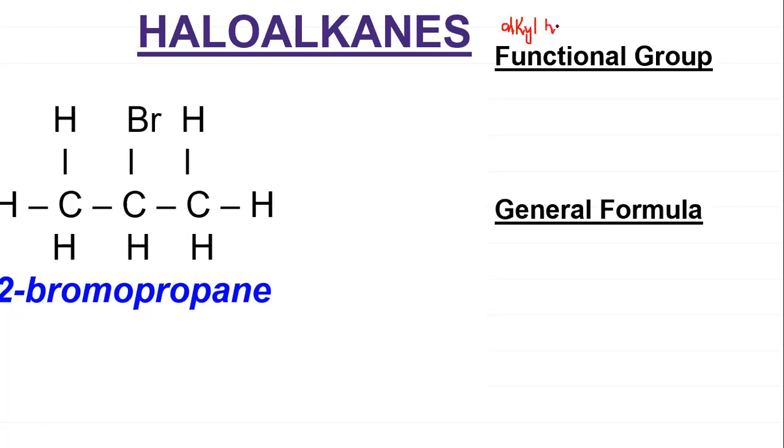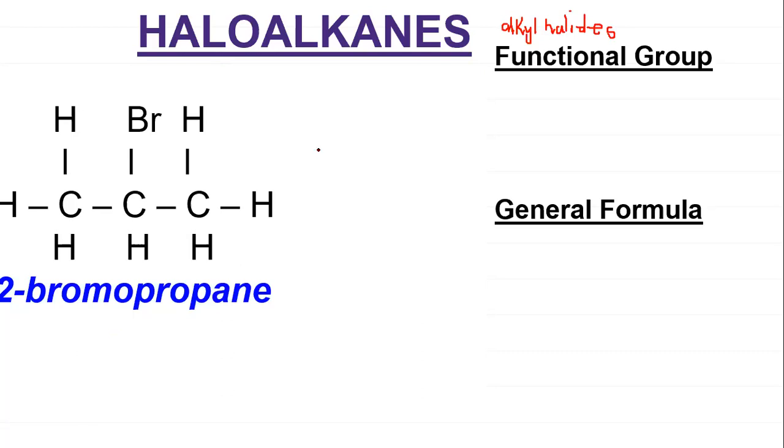So when you have your textbook and you see that they are referring to alkyl halides, there is no need for you to stress. Just know that they are talking about haloalkanes. The name of the homologous series that we commonly use is haloalkanes.